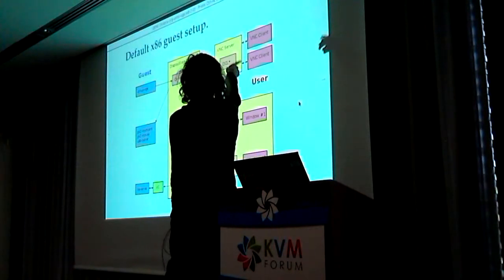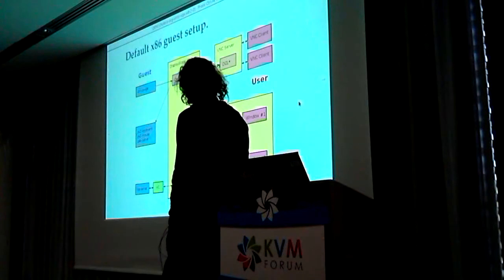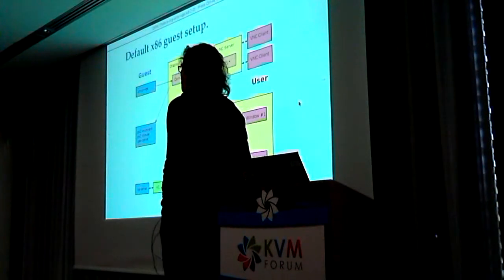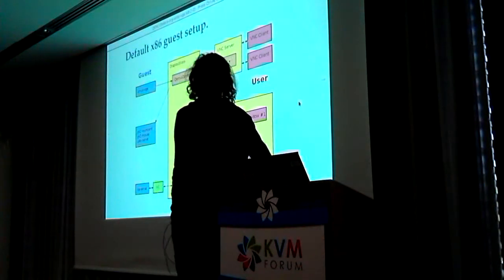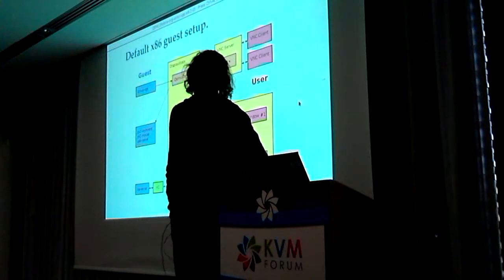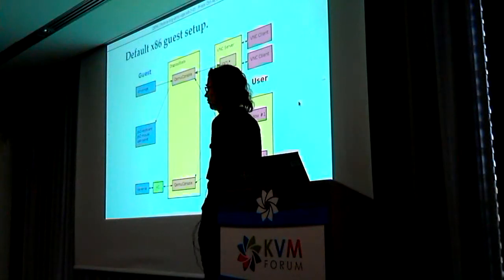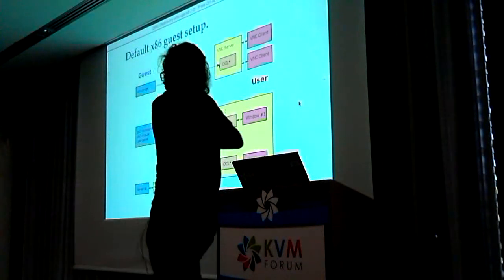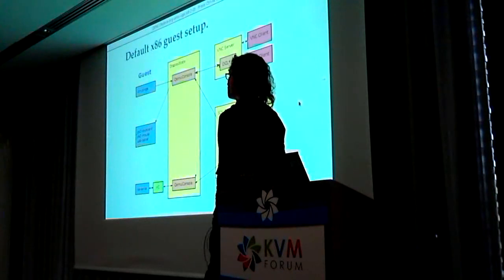And finally, we have the VNC client connecting to the VNC server, showing the bits to the user. Or in case of the SDL interface, we have a window where QEMU is showing the content directly.